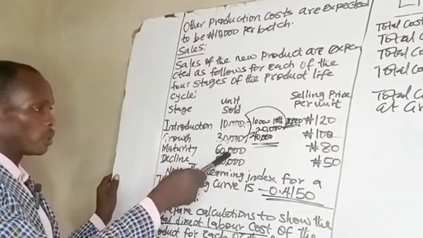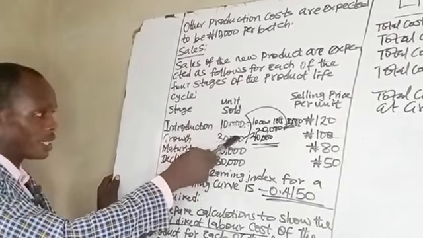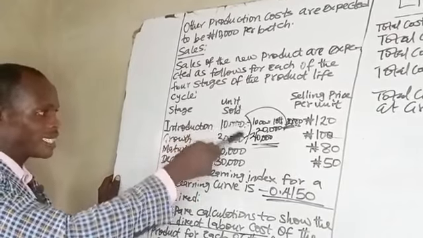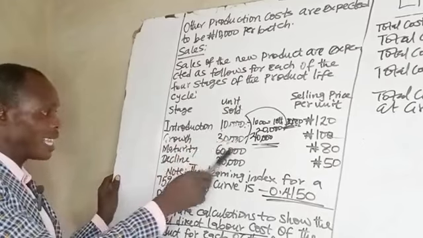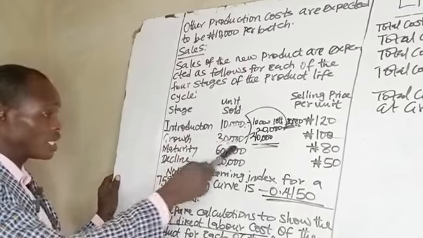After growth stage, we have maturity stage. 60,000 units were produced. Remember, learning has stopped at the first 30,000 units, which is 30th batch. So meaning that there is no learning at the maturity stage.